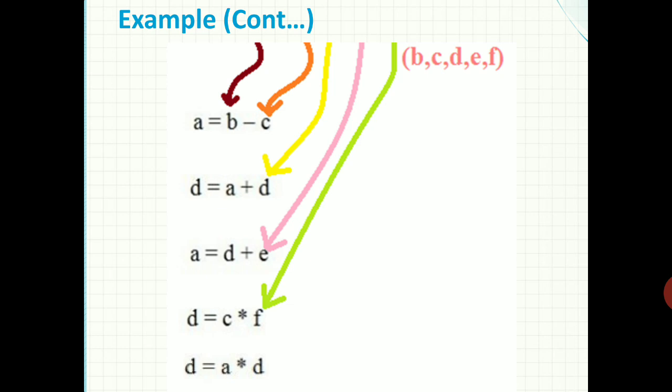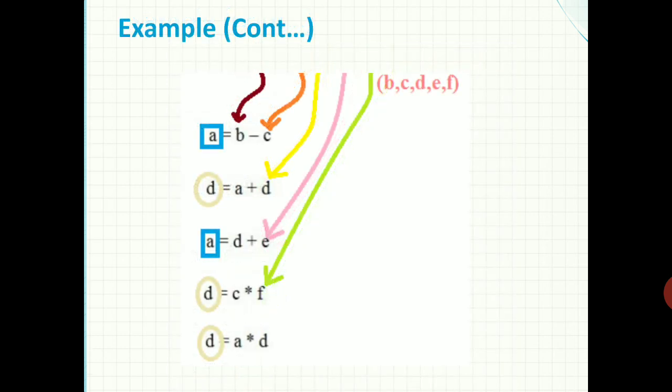We have to change it into a static single assignment. Here you can see that a has two assignments and d has three different assignments. So it is not in static single assignment. To convert it, we have to give a different subscript to each and every variable in the representation.